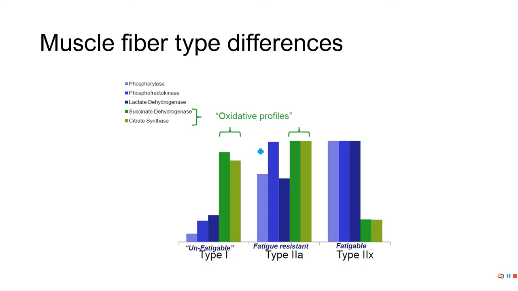What this means is, type 1 can't do a lot of glycolytic activity, but it can do a whole lot of activity in the electron transport chain. Conversely, type 2X does a ton of work via glycolysis, but not so much with the electron transport chain. And then type 2A is kind of a combination of the two.